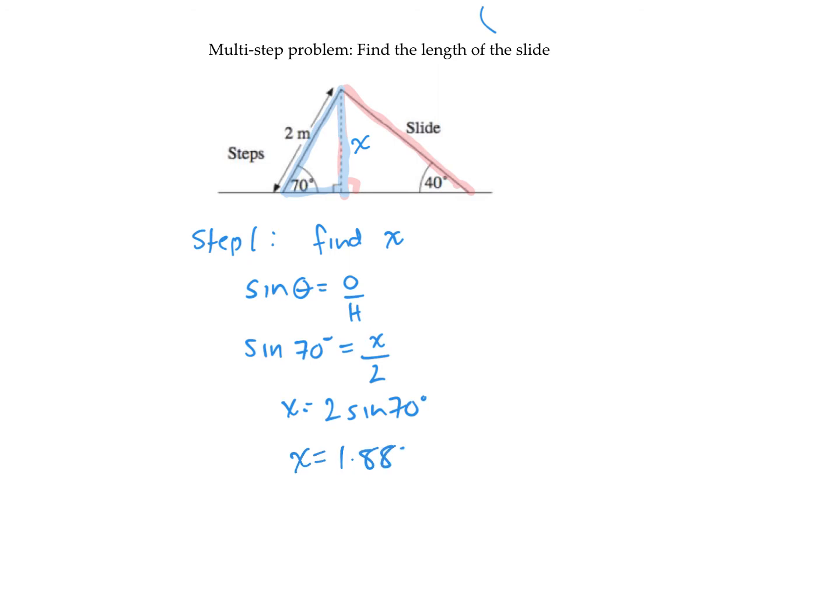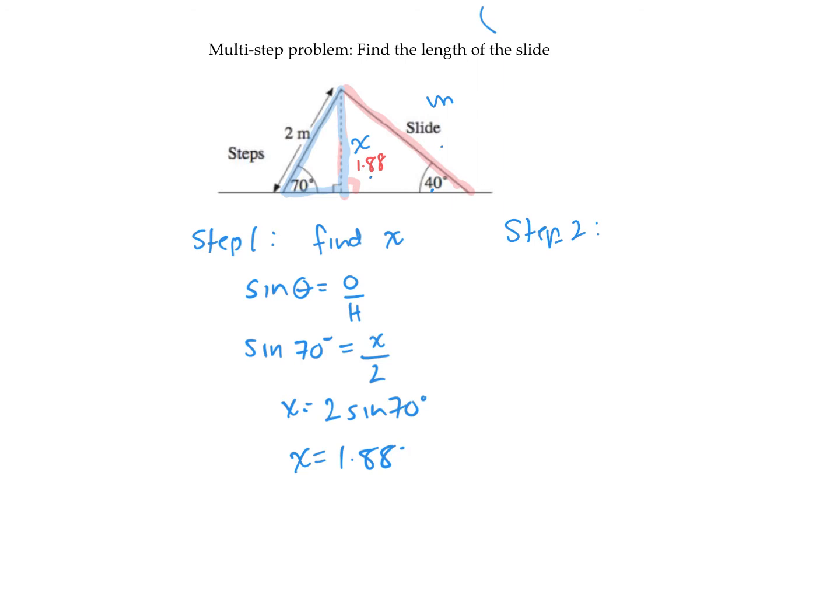And now that I have that, I can then use the triangle on the right to find the measure of the slide, which we'll call M. On this side, I have the angle given, 40. I have the opposite, which is 1.88, which I just found.